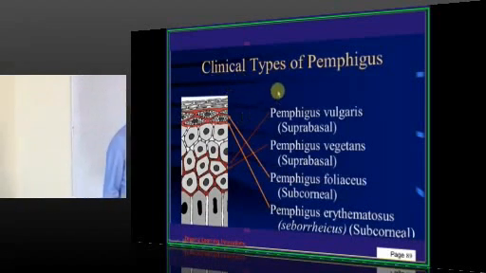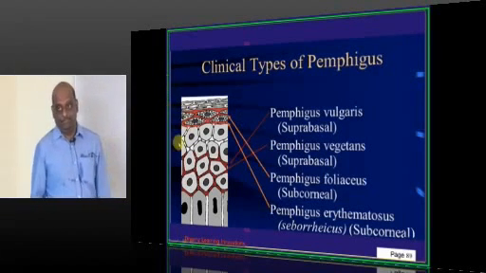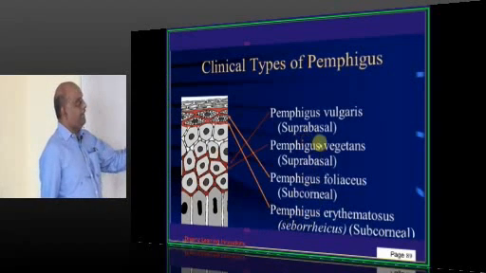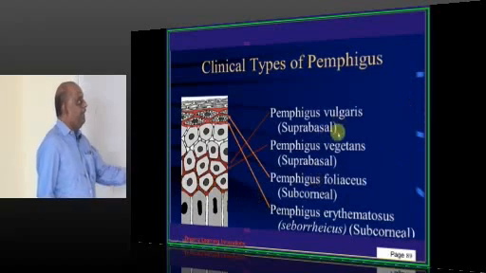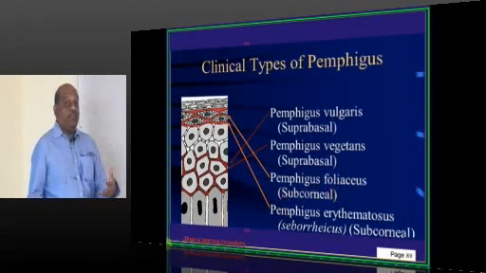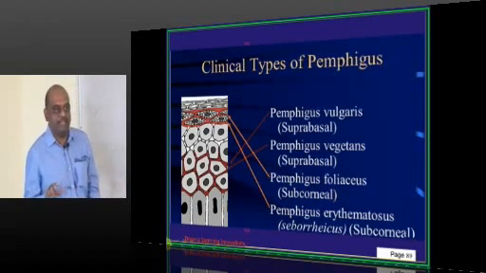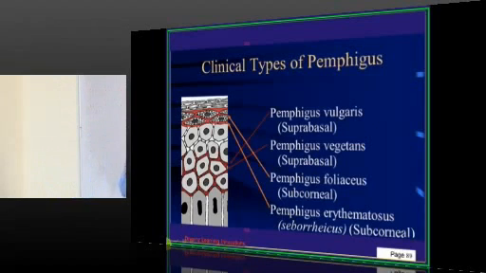Now, how many types of pemphigus are seen, doctor? There are varieties. Pemphigus vulgaris means the pathology is at suprabasal acantholysis. Pemphigus vegetans, that is also suprabasal. Pemphigus foliaceus, if the acantholysis is at the subcorneal level. What are the layers of the epidermis?